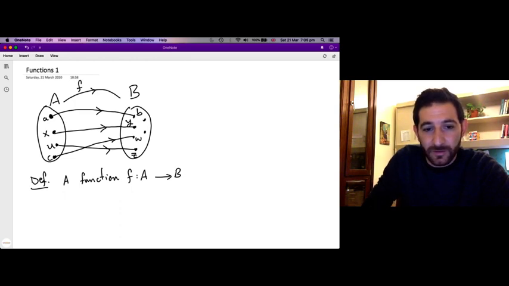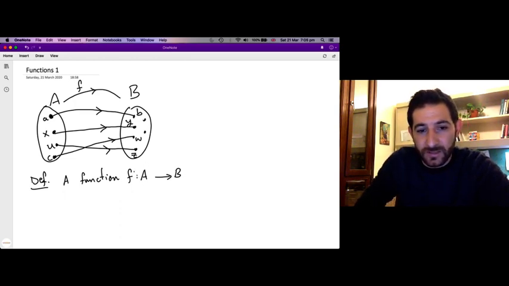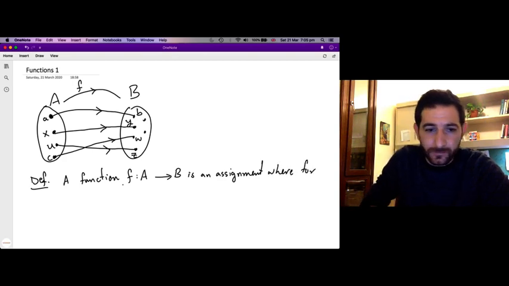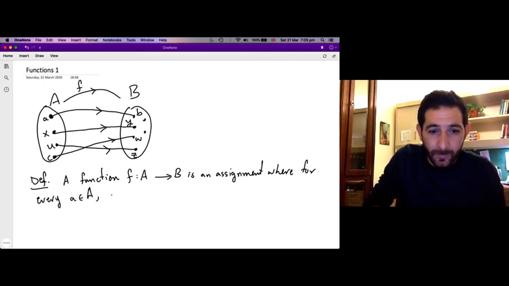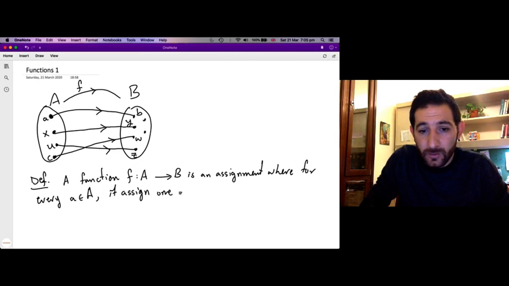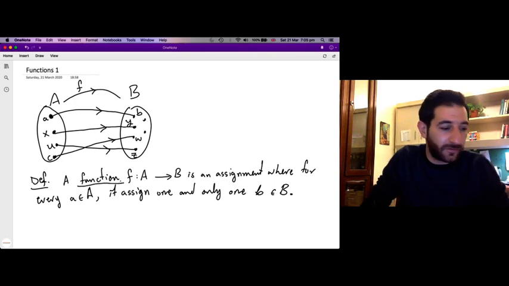Small f is the name of the function, and then we put a colon here, and then we say it's a function from the set A to the set B. It is an assignment or a rule, where for every, notice the universal quantifier here, for every element a in A, it assigns one and only one, this is very important, element b in B. So this is the definition of a function.